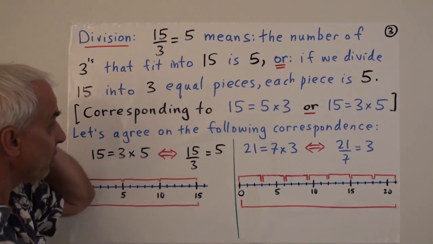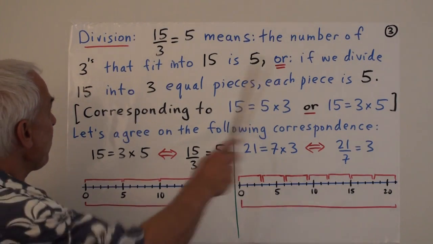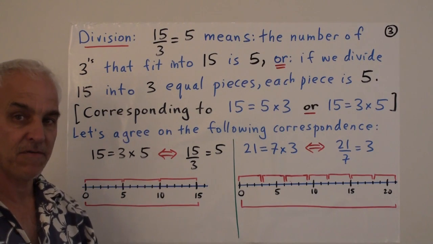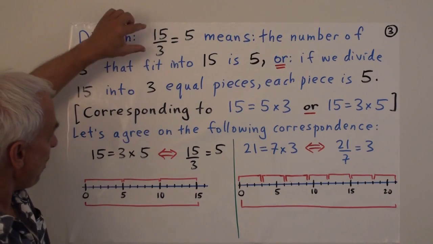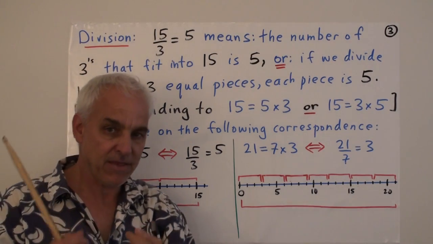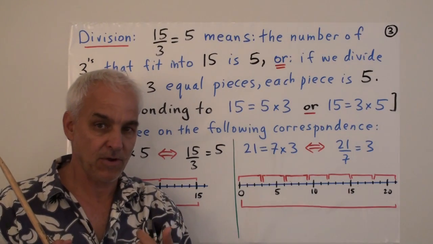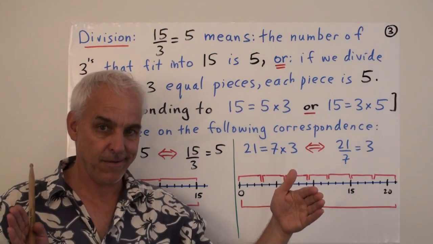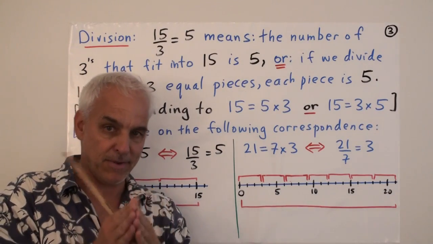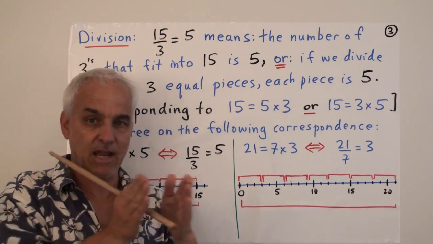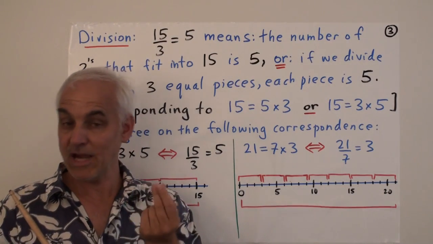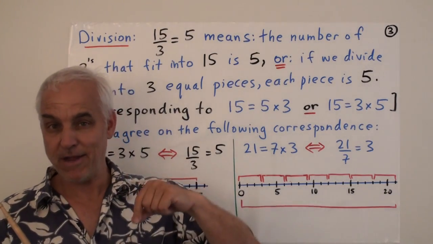One thing it could mean is that the number of 3's that fit into 15 is 5. So one way of interpreting 15 divided by 3 is asking how many 3's can we fit into 15? We have 15, and we want to write it as 3, another 3, another 3, another 3. How many 3's can we fit into 15? That's one interpretation of what 15 divided by 3 is.